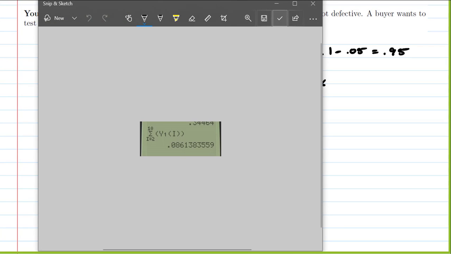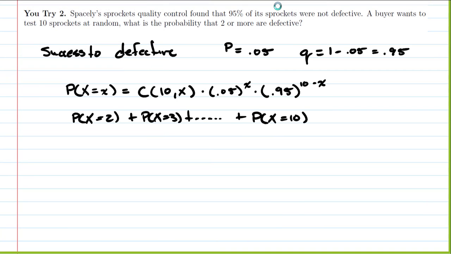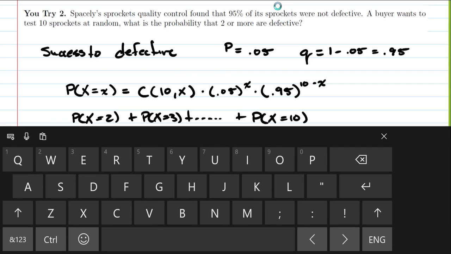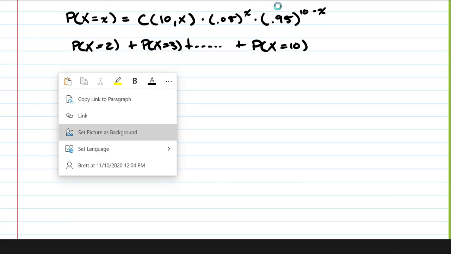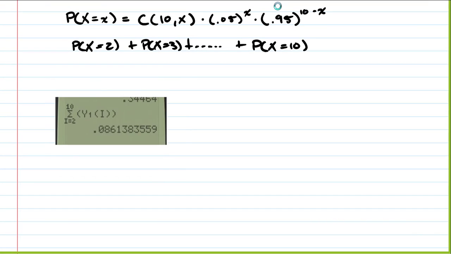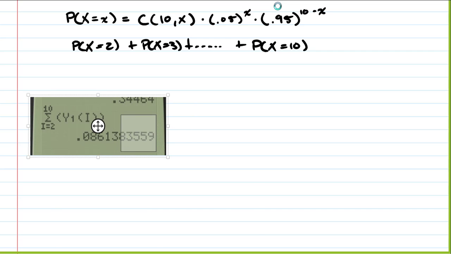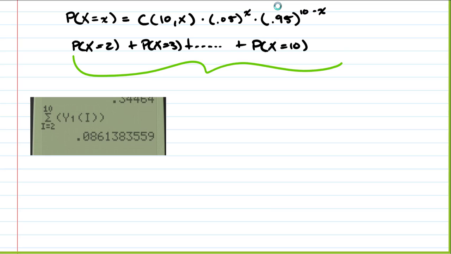So we would get this value, and this is probably not the way you would want to do it by hand, because what is this the complement of? What would be the complement of this event up here? The complement is the probability that x equals 0 plus the probability that x equals 1, right?